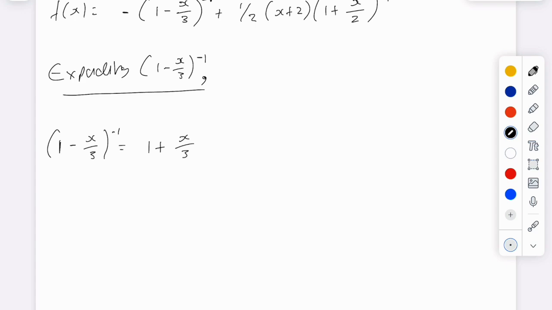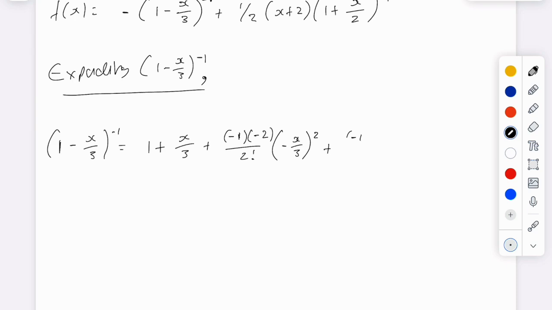plus x over 3. Now according to the formula, it's -1, -2 over 2 factorial, and minus x over 3, I'm going to square that. And then we're going to plus, what are we going to plus?